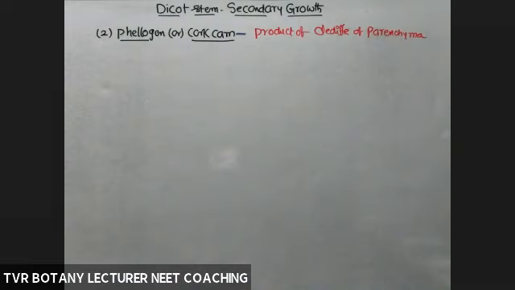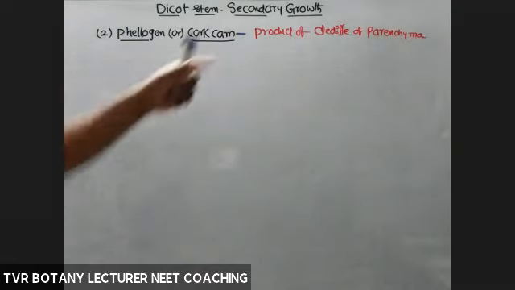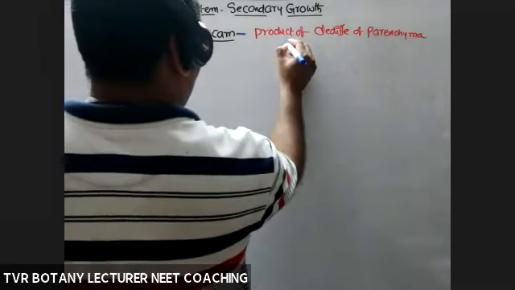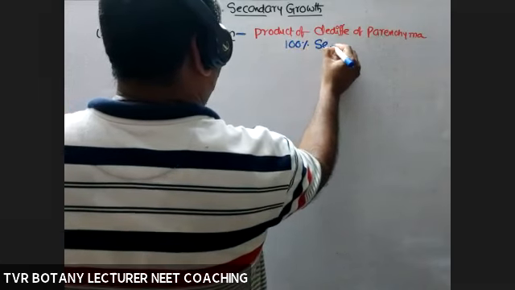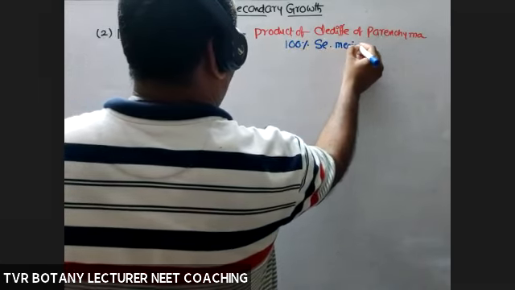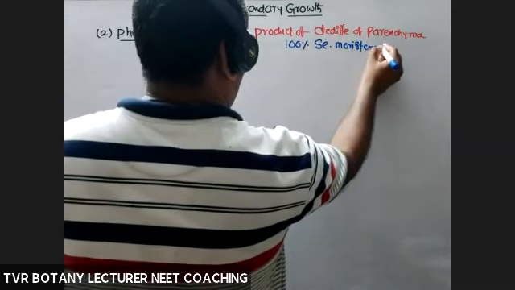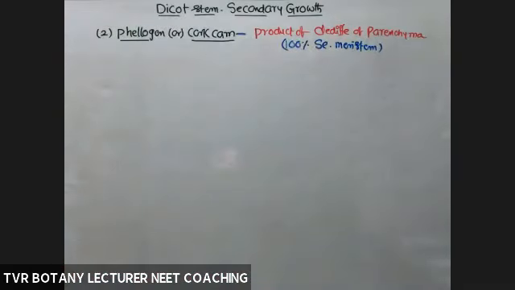And what about vascular cambium? It is a product of both differentiation and de-differentiation, meaning partly primary, partly secondary. But phellogen is 100% secondary in origin, a secondary meristem. And the vascular cambial ring is 50% primary, 50% secondary.